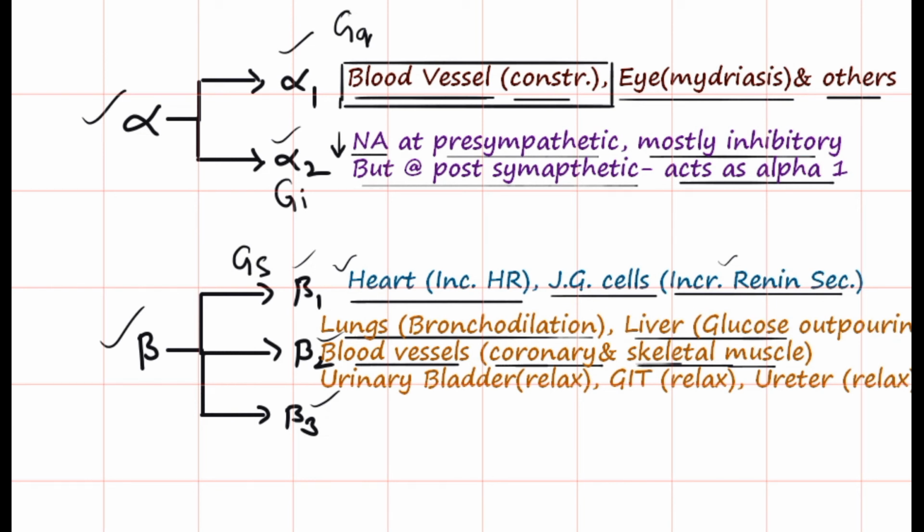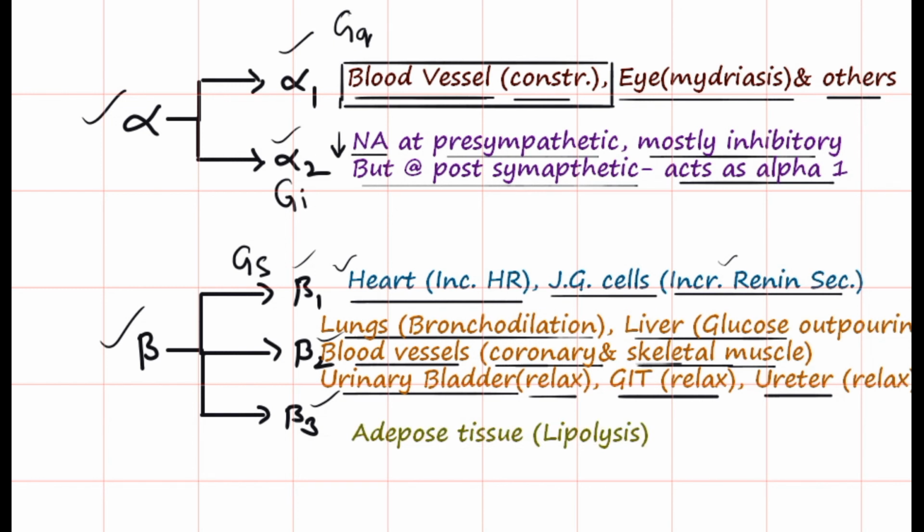Beta 2 receptors are also present in the urinary bladder and facilitate relaxation during the fight or flight reaction, and in the GIT for relaxation during the emergency. The ureter also relaxes.